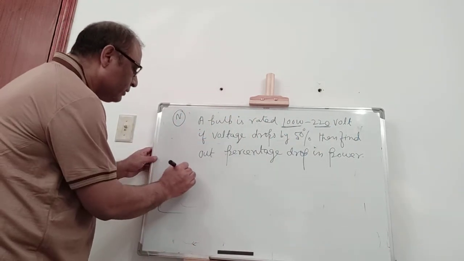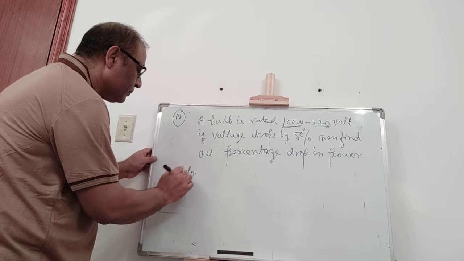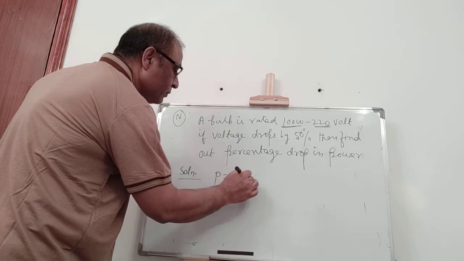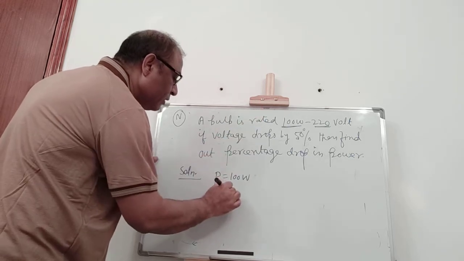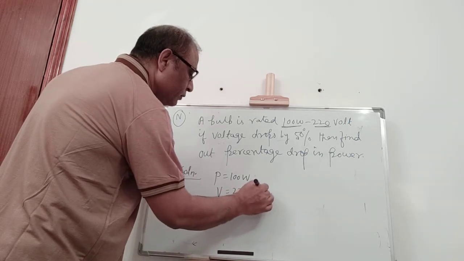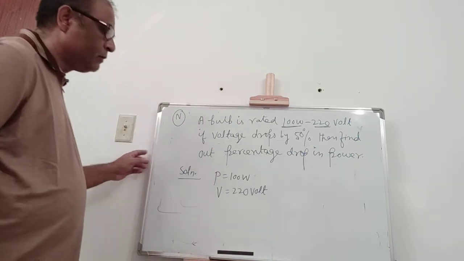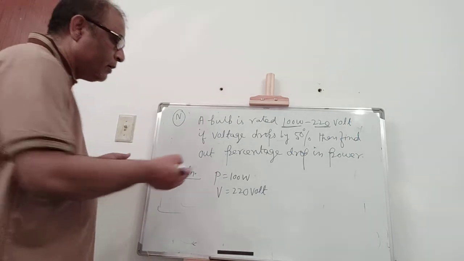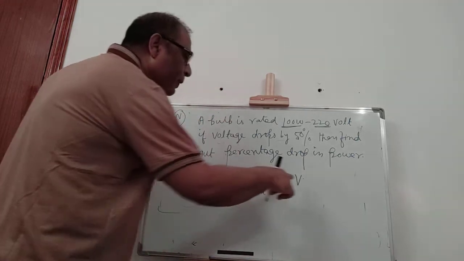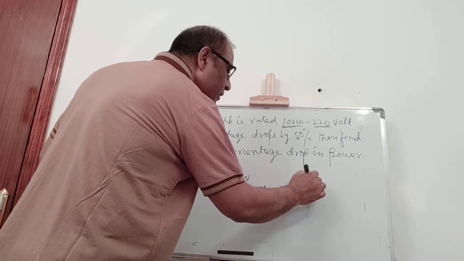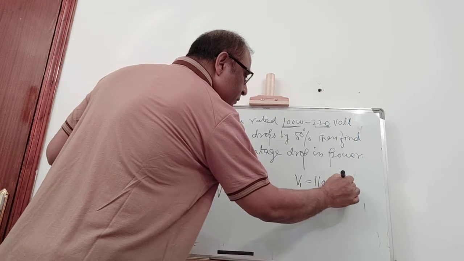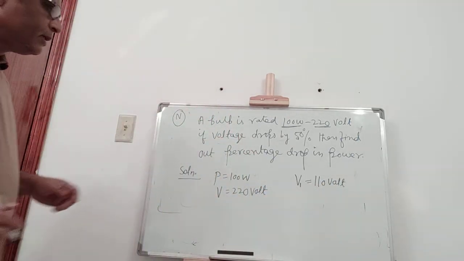Here in solution, power is equal to 100 watt and voltage is 220 volt. When this V drops by 50%, the V becomes 110 volt. By the question, it drops 50%.